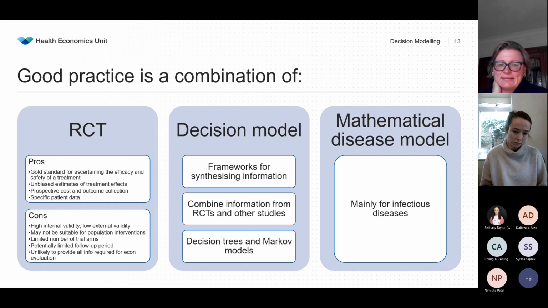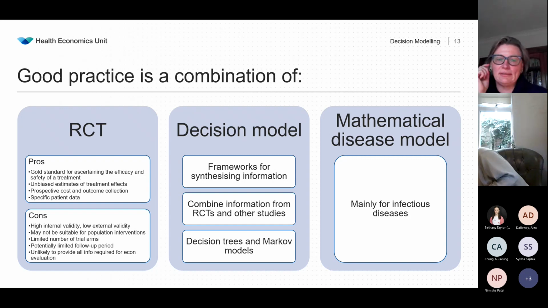Decision modeling provides a way for us to synthesize lots of different information. We can use the RCT as a starting point for modeling, but we could also look at other studies and other sources. We're not going to talk today about mathematical disease modeling. That's primarily used for infectious diseases, and so is outside the scope today.